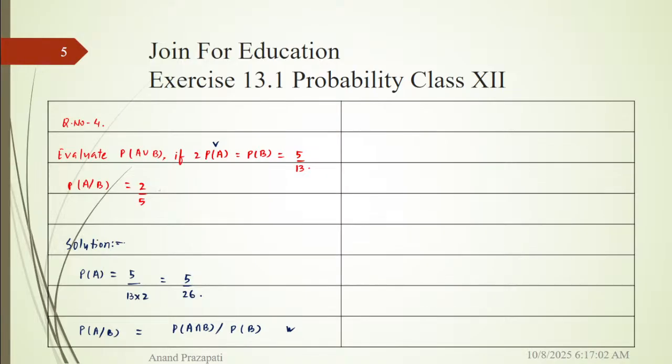So now we put the value of probability of A by B equal to 2 by 5. We write down here 2 by 5 equal to probability of A intersection B, which is not given, by probability of B equal to 5 by 13.